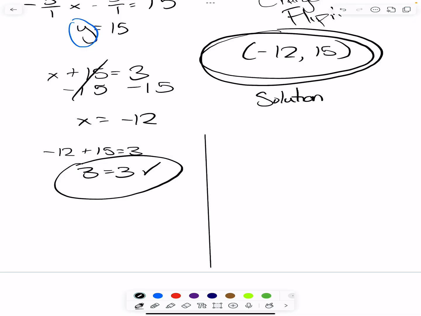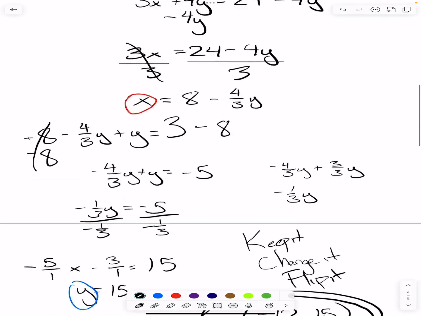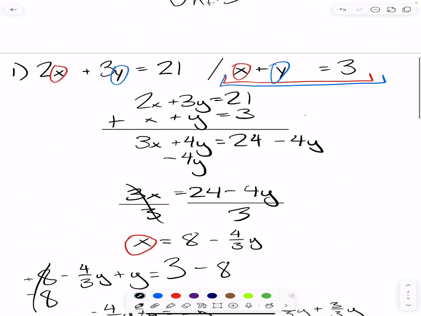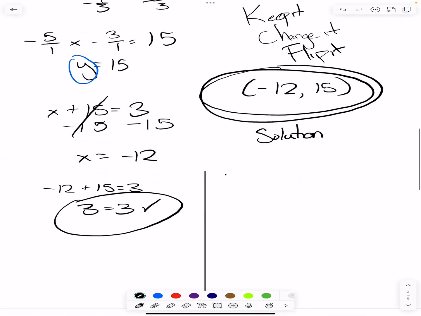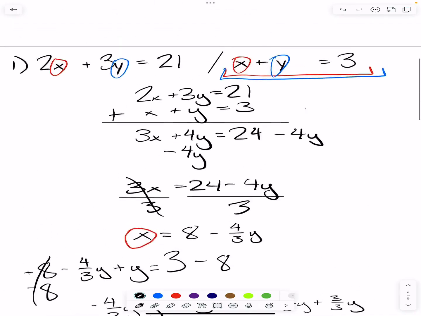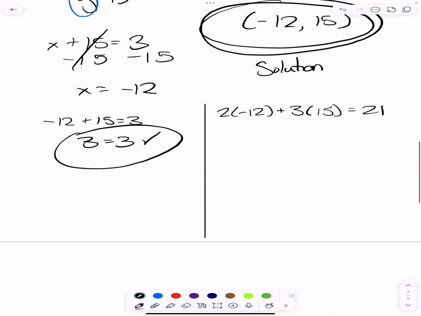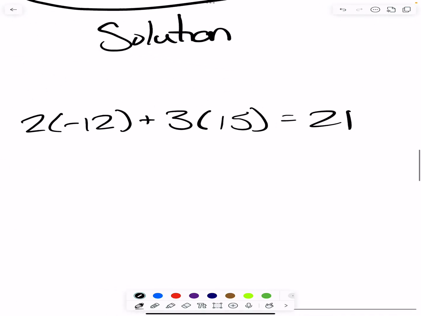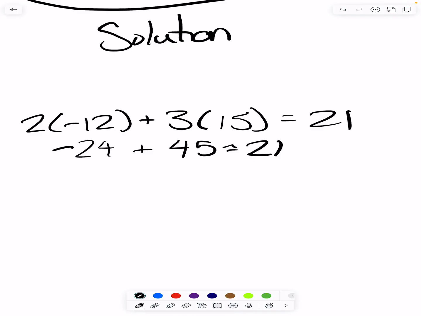Now let's take a look at our other linear equation. We have 2x plus 3y equals 21. So 2x is 2 times negative 12, plus 3y, plus 3 times 15, equals 21. Yep, so negative 12 times 2 is negative 24, plus 3 times 15 is 45, and equals 21.